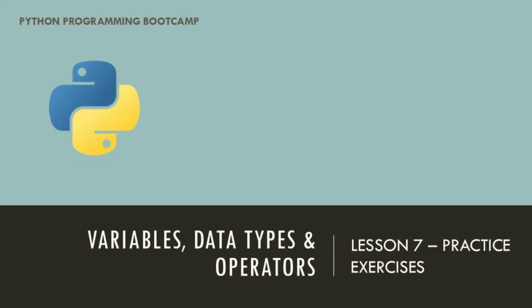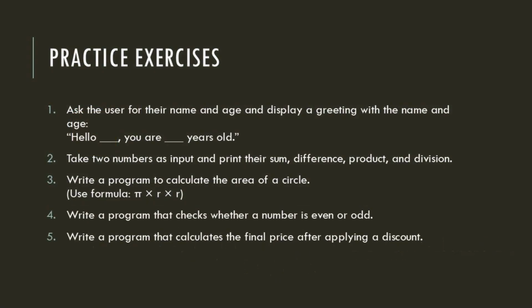Here are a few quick practice exercises to strengthen your understanding. First, ask the user for their name and age and display a greeting with the name and age. Second, take two numbers as input and print their sum, difference, product and division. Third, write a program to calculate the area of a circle.